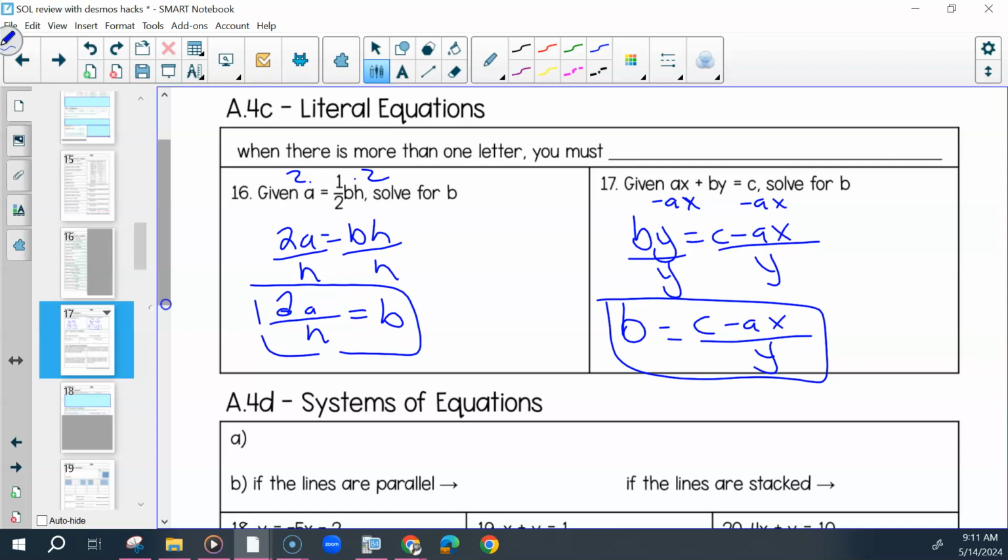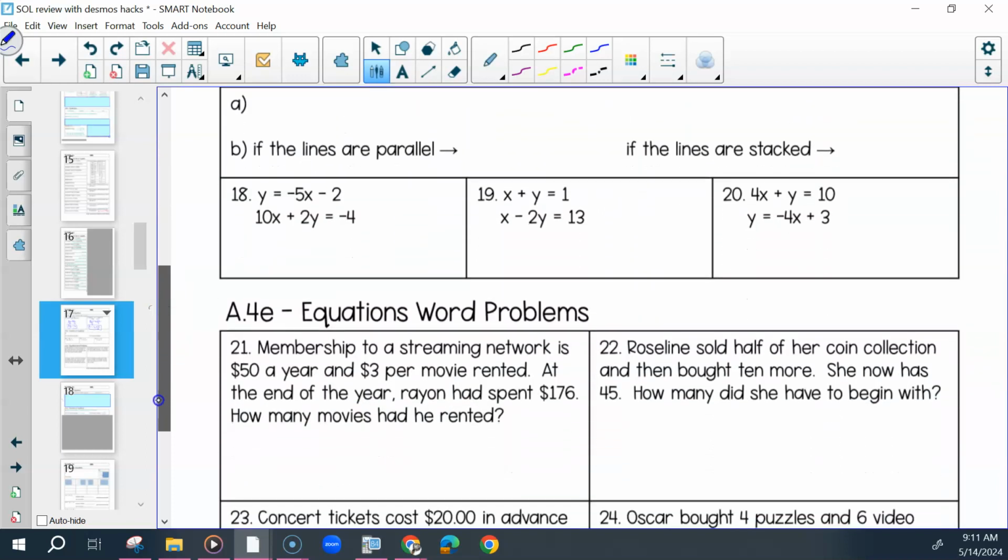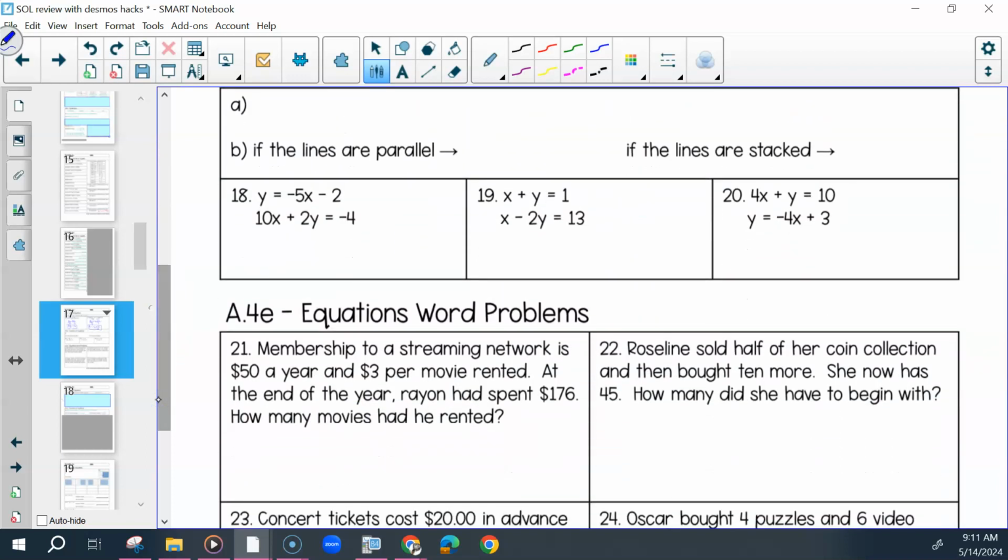Can we do number 18? Which one? Number 18. 18 on the same page. Yeah. So 4D, number 18. So if you have a system of equations and you're asked to find the solution, you could do this by hand by substitution or elimination, or you could use the graph.